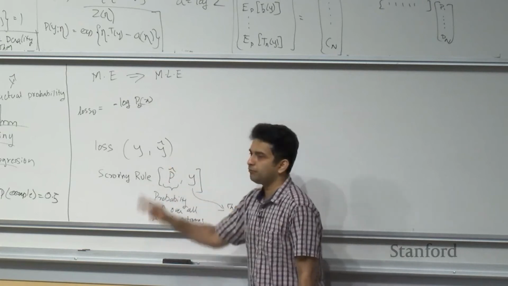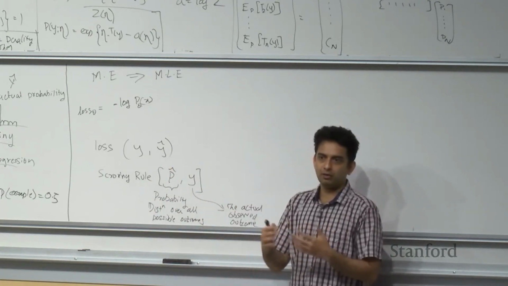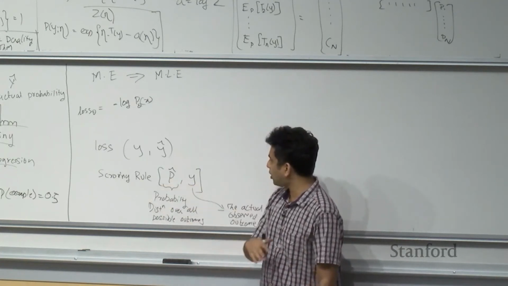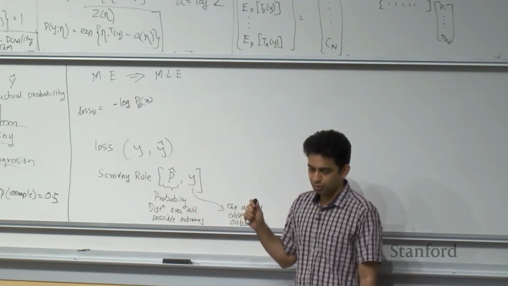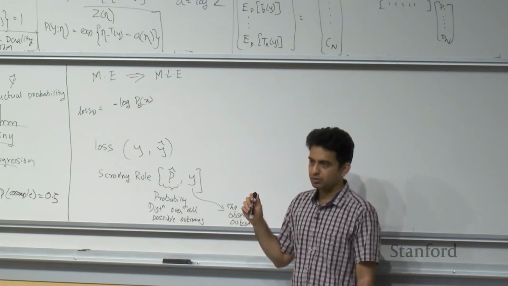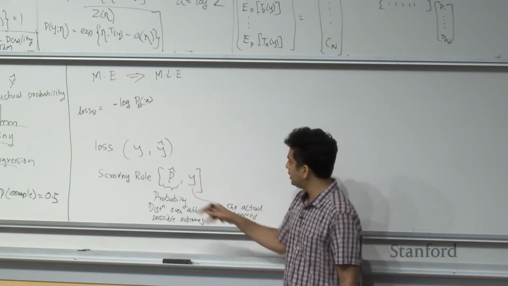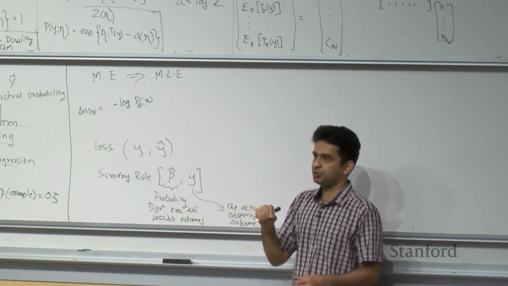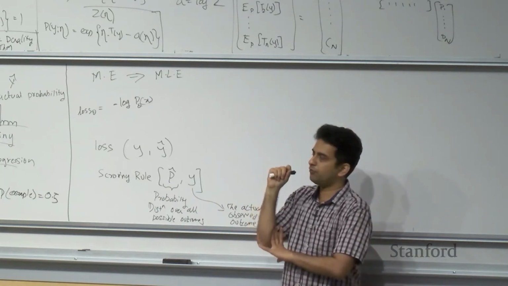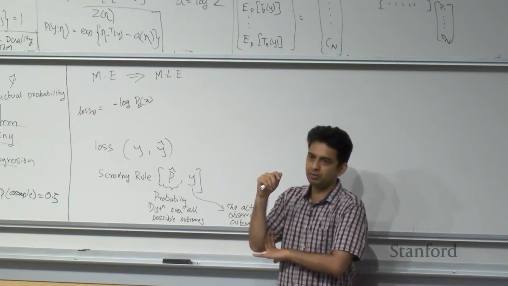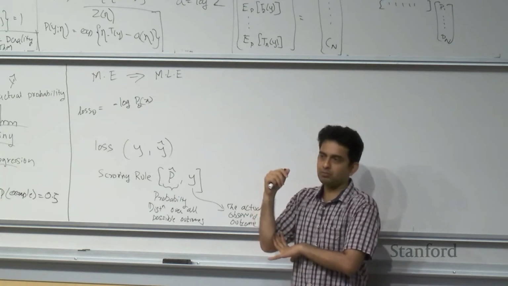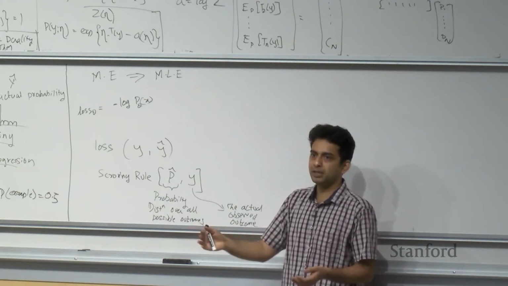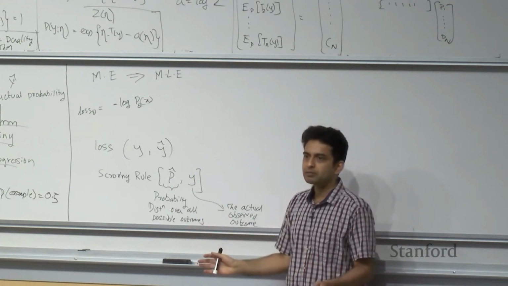So if we are in a weather forecasting setting, for example, and let's say we are trying to measure the wind speed of tomorrow, then this will give you a probability distribution that there's a 5% probability that the wind will be 10 miles per hour, 7% probability that the wind speed will be 15 miles per hour, and so on. It's going to give you a full probability distribution over the entire outcome space, right?